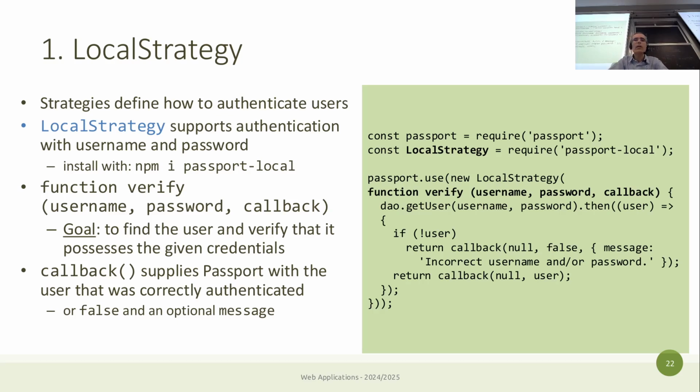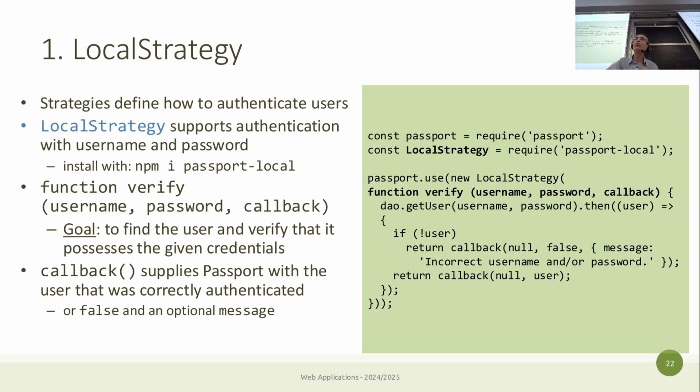We need to implement a function called verify that takes 3 parameters. Two are the obvious ones, username and password. The third is a callback to be called in a certain way depending on the outcome of what we found with username and password, because it's up to us to decide if username and password are okay for letting the user in or not.